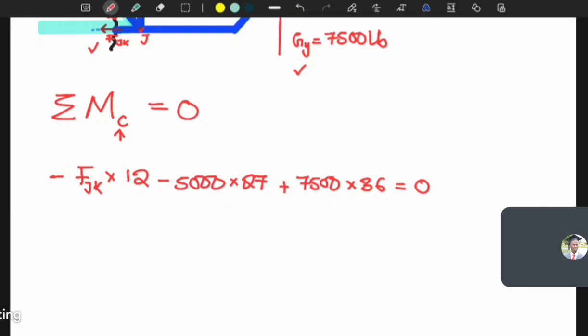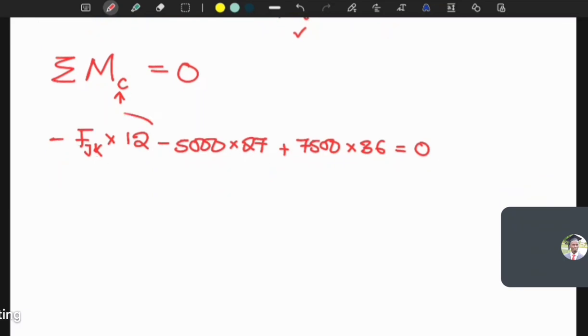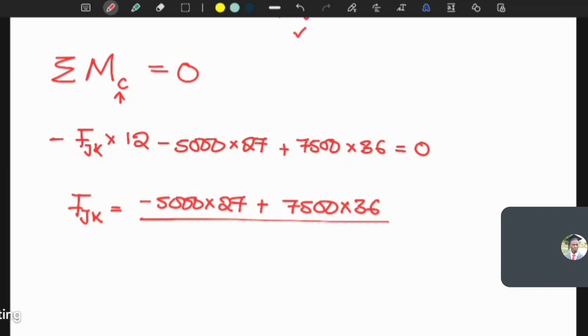Equals 0. See that here, clearly only FJK is missing, so take it to the right and rearrange, so that FJK equals minus 5,000 by 27 plus 7,500 by 36, divided by 12.